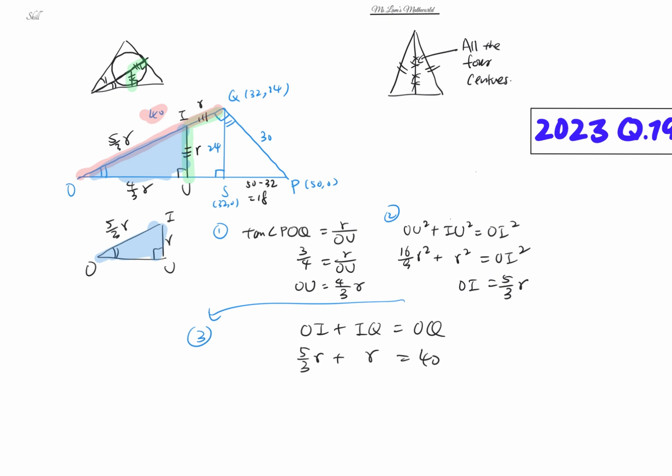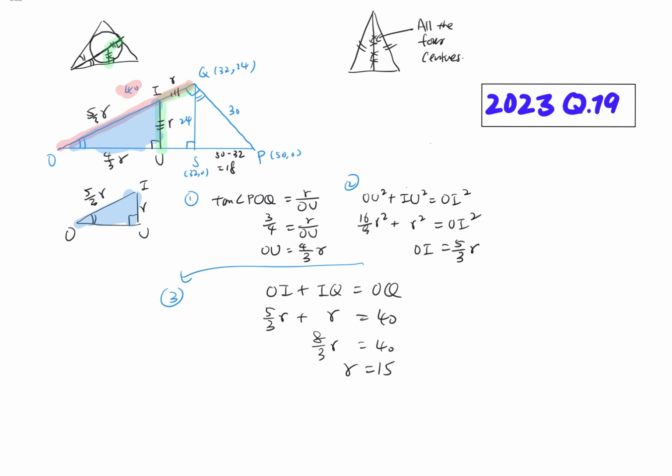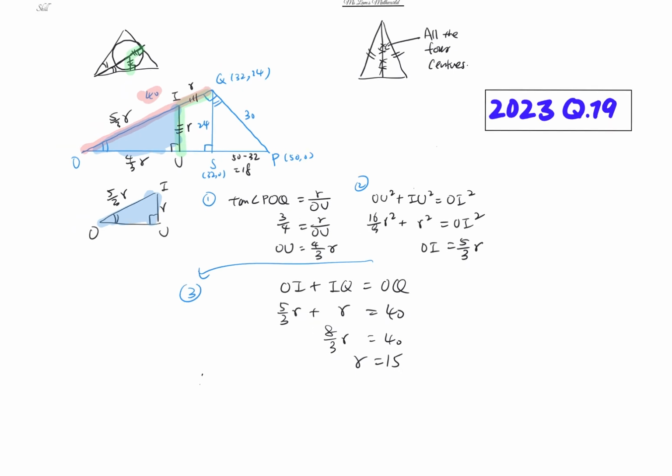So we add them together, 5 over 3 plus 1, you get 8 over 3 r equals 40. So r is 40 times 3 divided by 8, which is 15. As a result, the coordinates of I will be 4 over 3 times 15, right? And then 15, which is 20 and 15.